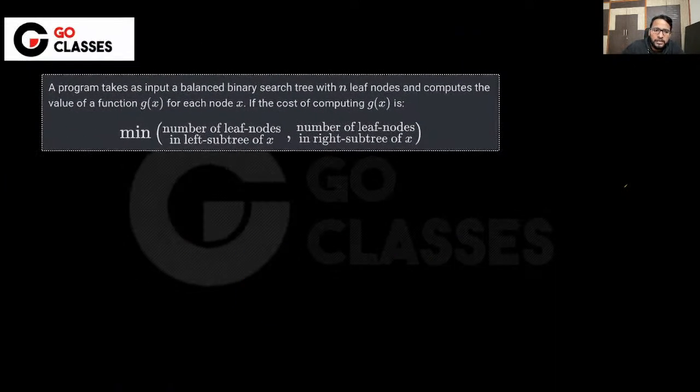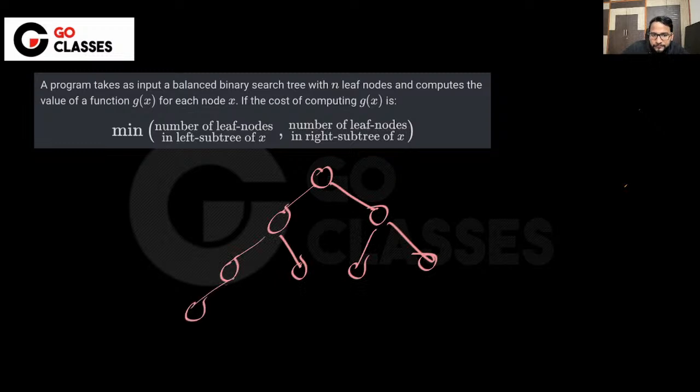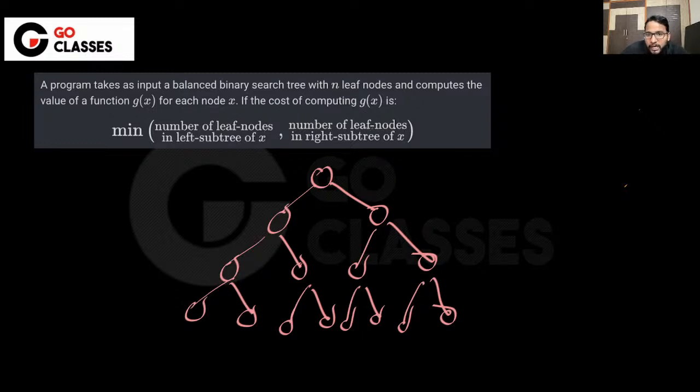See, they are saying that they want to compute a function gx at each node x. So whatever tree you have, at every point in time they want to compute the gx. And the cost of computing gx at any node x is the number of leaf nodes in the left subtree of x and the number of leaf nodes in the right subtree of x, and you will take the minimum of it, right?